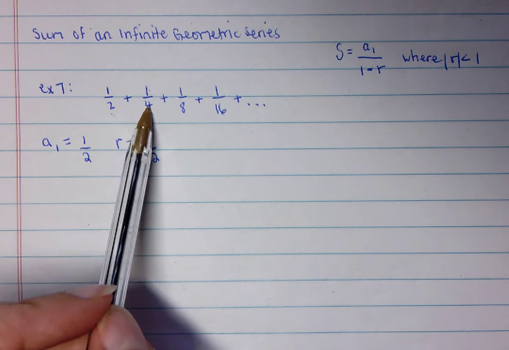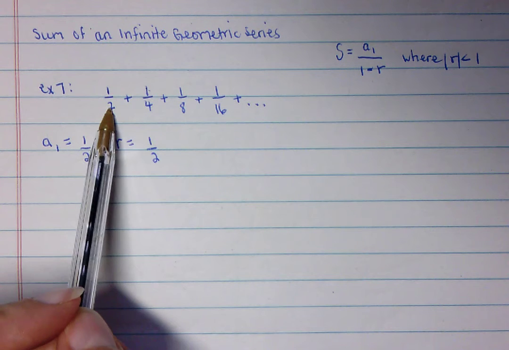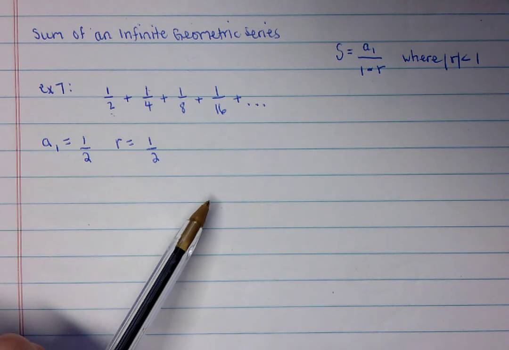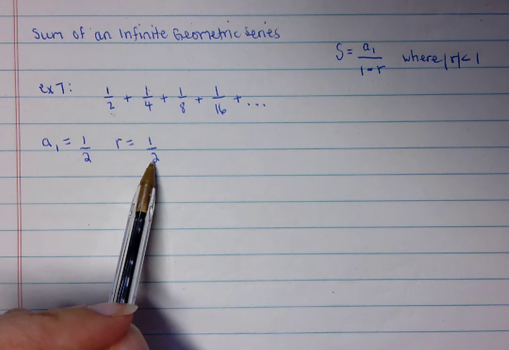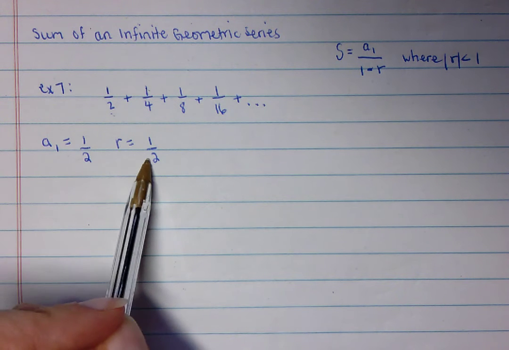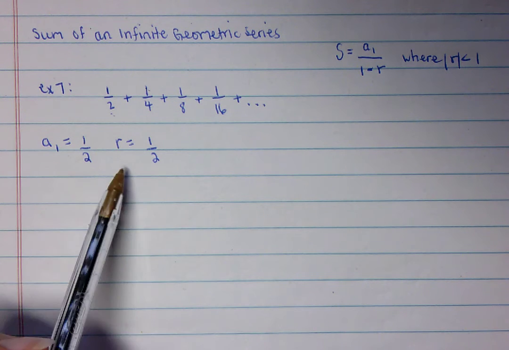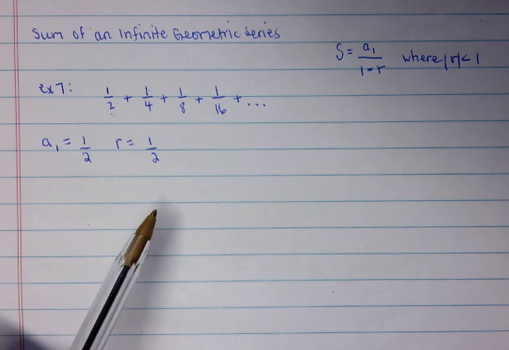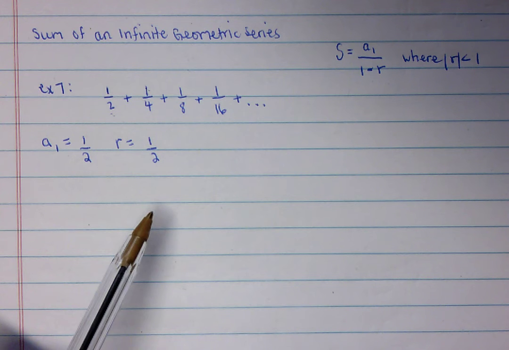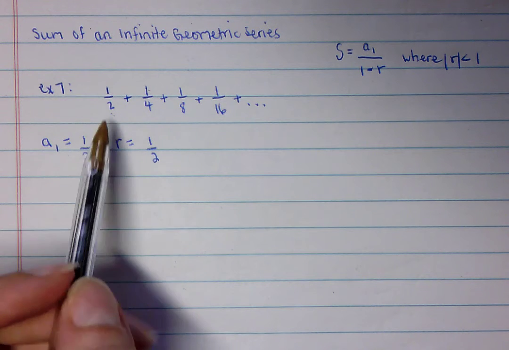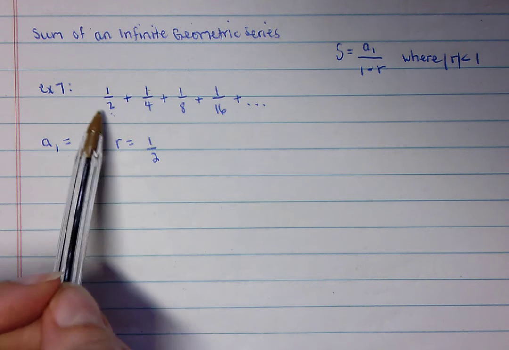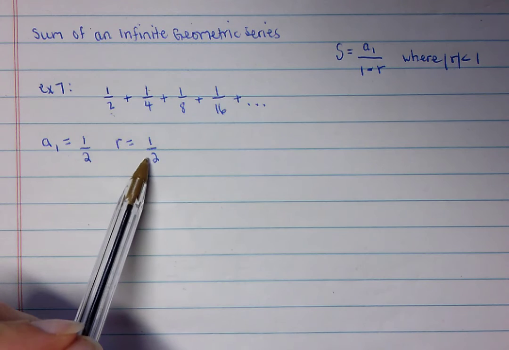Remember, divide a term by its previous one, and you'll get the common ratio. You have to make sure that the absolute value of that is less than 1. This is already positive, so we don't have to worry about that. This is not an alternating sequence, but they might show us one in here that is, or if it's the same sign, I should say.